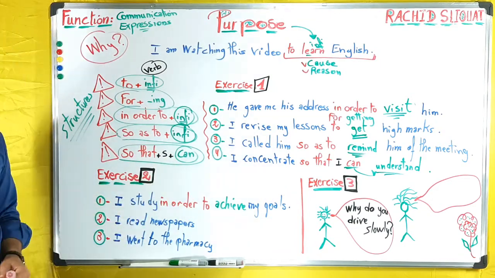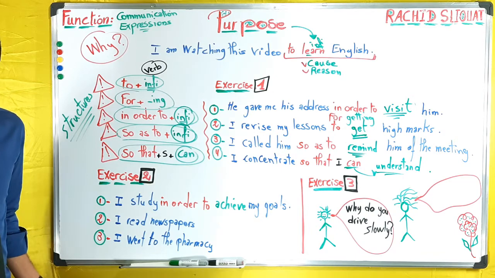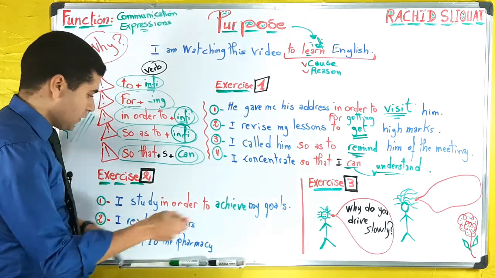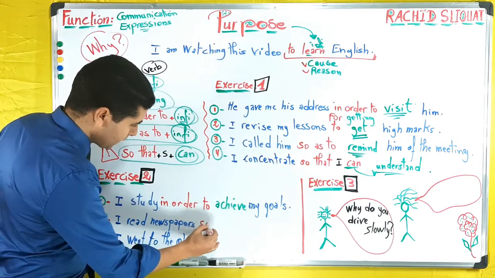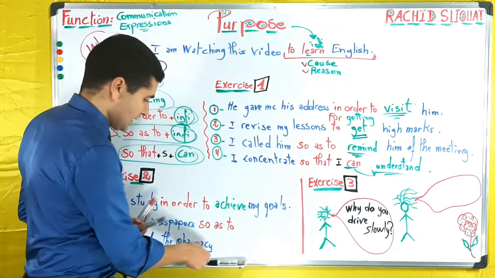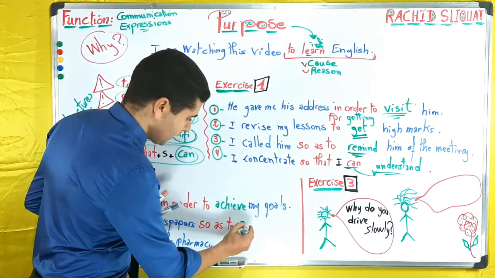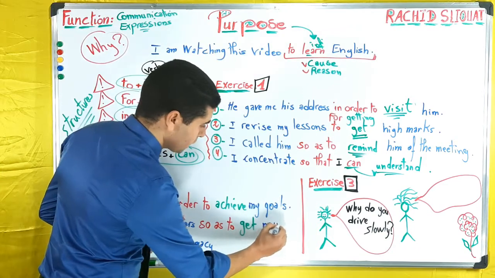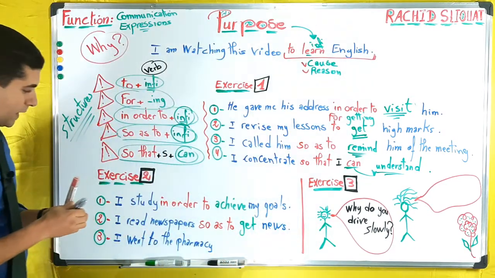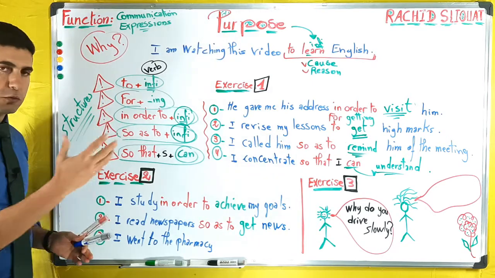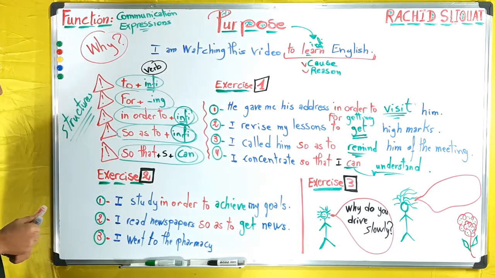I read newspapers. Why do you read newspapers? For what purpose? Very simply, you can say I read newspapers so as to, or to, the verb get, to get news, for instance. So I read newspapers so as to get news, or to get news, or for getting news, okay?